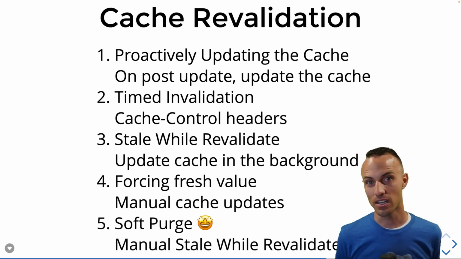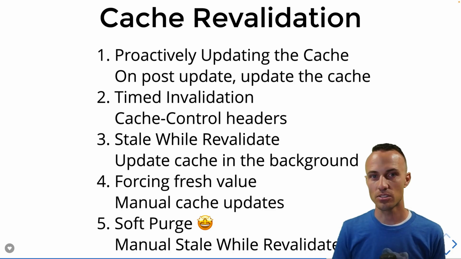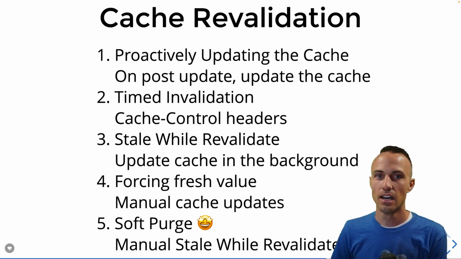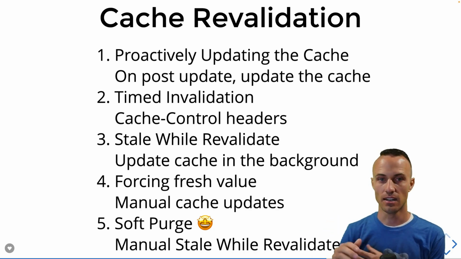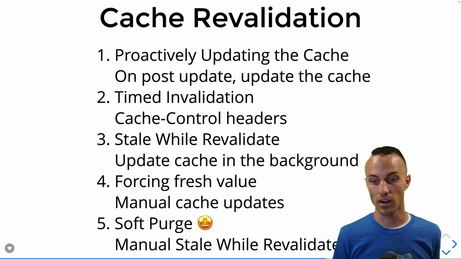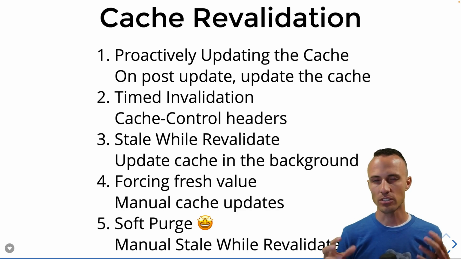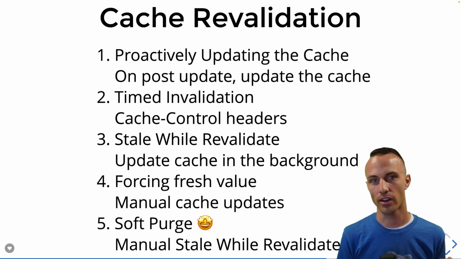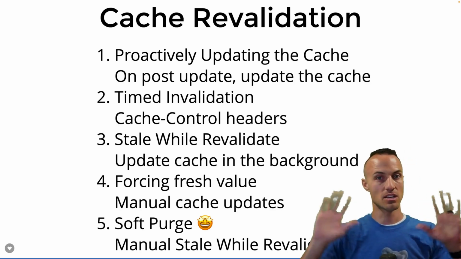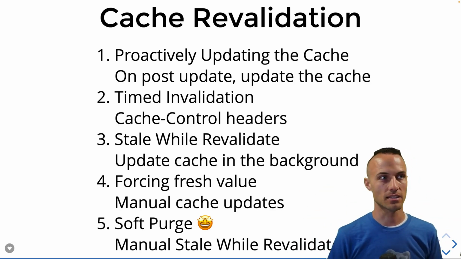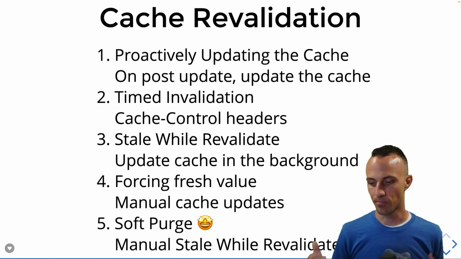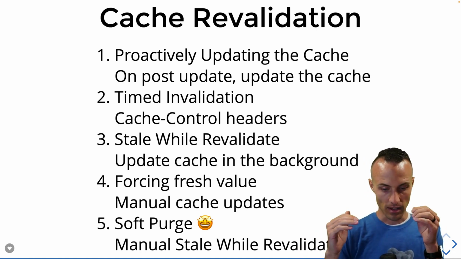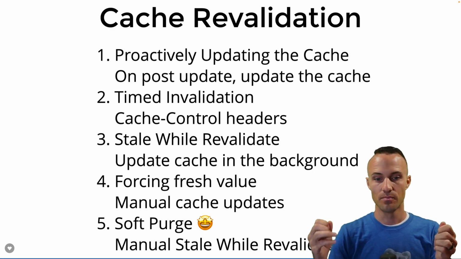But one of my favorites is soft purge, and I was clued into this idea from Fastly, which is a CDN that, as far as I'm aware, has popularized this idea, where it's kind of like a manual stale-while-revalidate. Let's say that I have stale-while-revalidate on some HTTP resource, like a static web page, like my about page or something, and I have made an update to it.